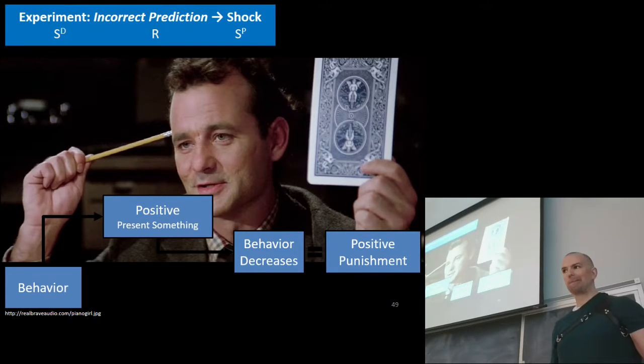All right, so any final questions on the 4 types of contingencies? Yep. So even if behavior doesn't decrease, but it's supposed to, is that positive? Because he was giving him the shock to prevent him from getting it wrong. Yeah.